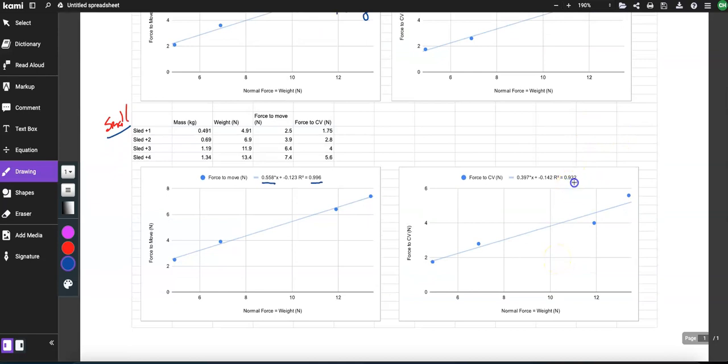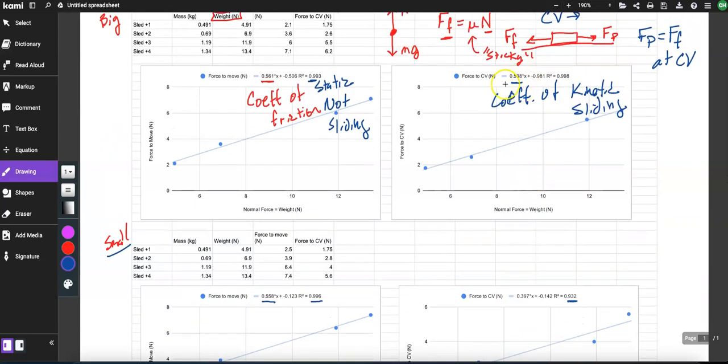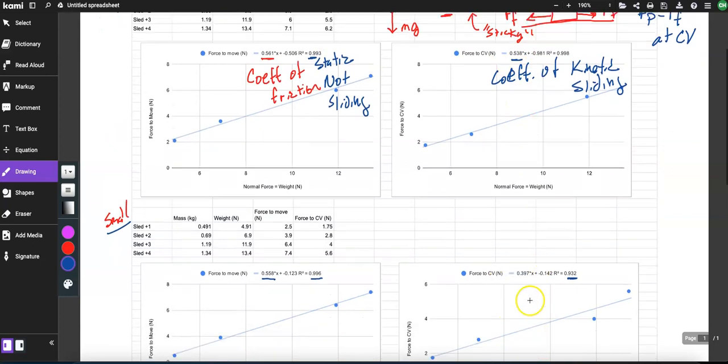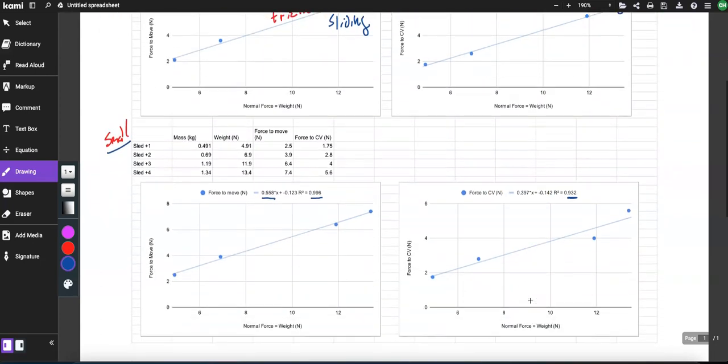You'll see this is only about 93%, so probably somewhere there's a little bit of error. If I get rid of this dot and replot it, then I get a bigger number here. But you'll notice that this one and this one really aren't comparable. So it looks like in sliding friction that your smaller surface area didn't provide as much friction. So this is a really small number here.